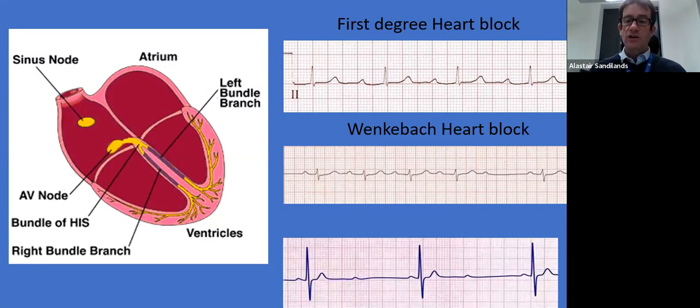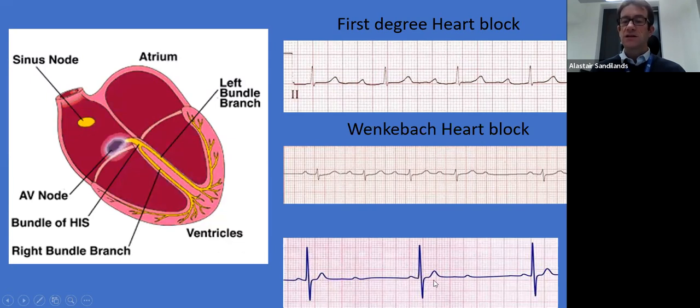Now, when we look at the AV node being even more stressed, so poorly functioning, we have a bradycardia again. We have a narrow QRS to say that the rhythm is coming from either near or just below the AV node. We have P waves, so the sinus node is working, but nothing conducts, and the P wave conducts to the ventricle, and the PR interval is okay on this beat.